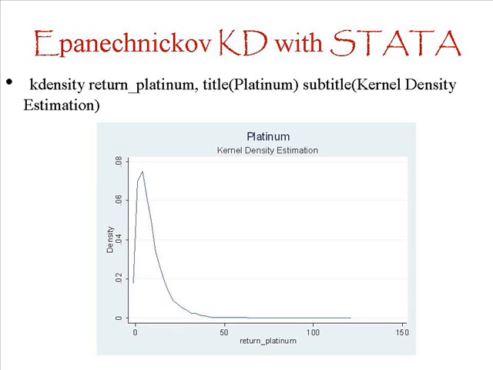So we start from the so-called Epanechnikov kernel density, which is the default parameter in Stata, and I changed several times the smoothing parameter.